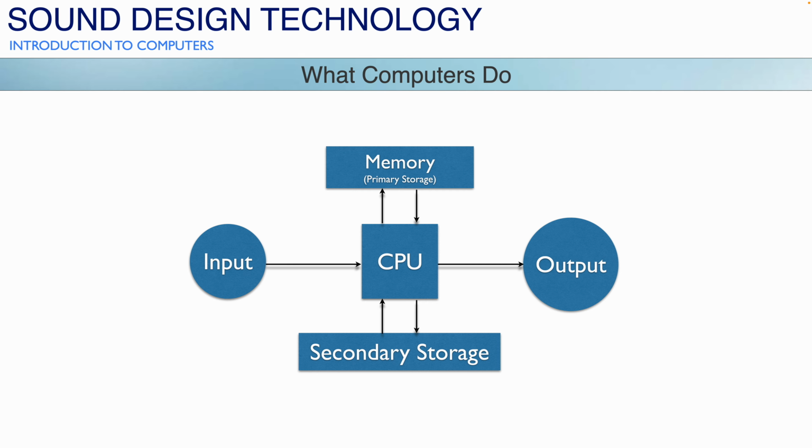They will have some kind of primary storage, or RAM, and some kind of secondary storage, and all of that gets shuttled around inside the CPU, the processor, the central processing unit. That's the CPU.